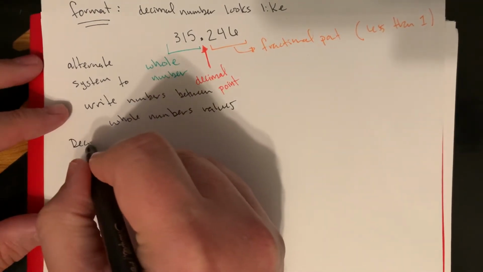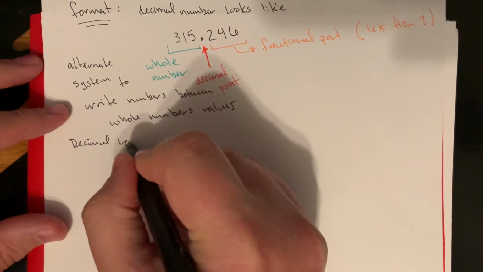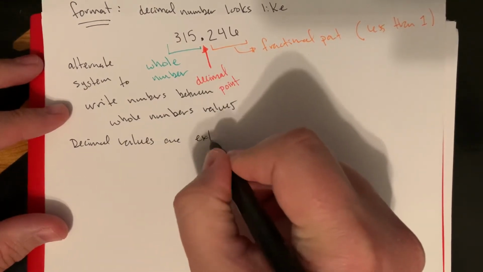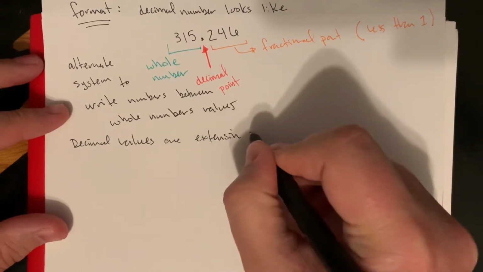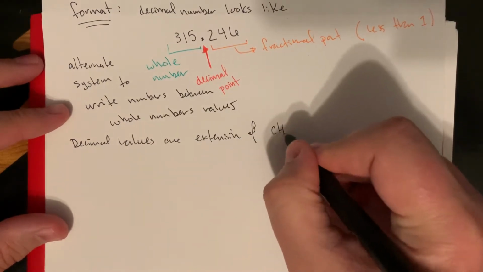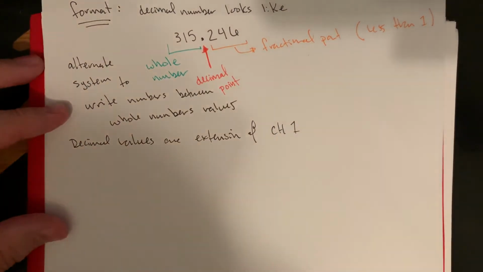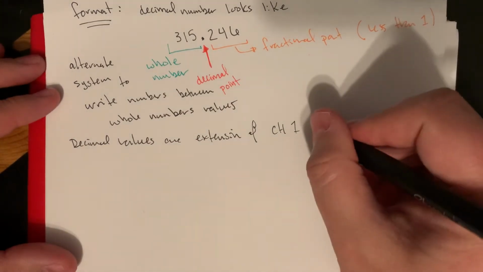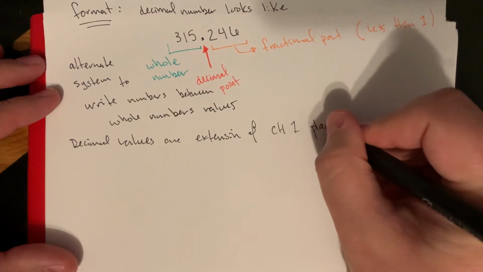So decimal values are an extension of our sort of, I think, chapter 1, section 1. I mean, I think it was literally section 1.1, place value table.